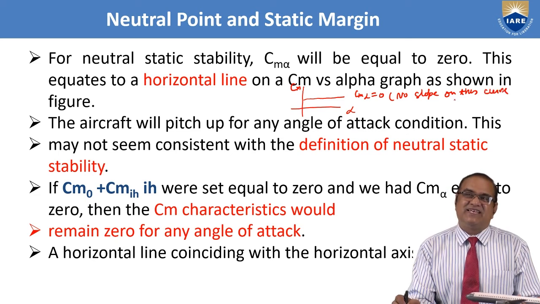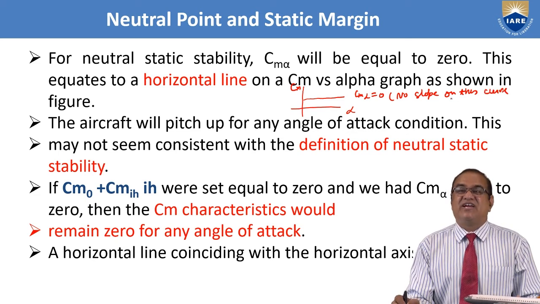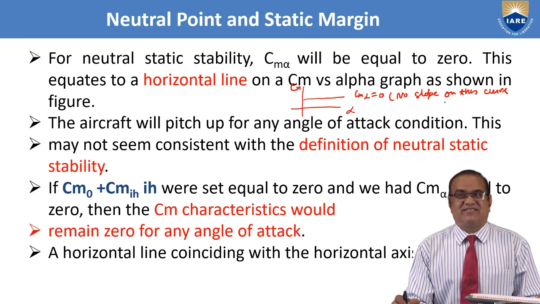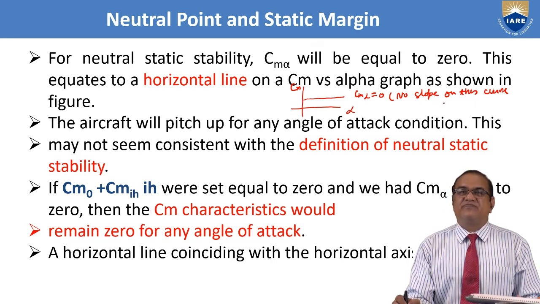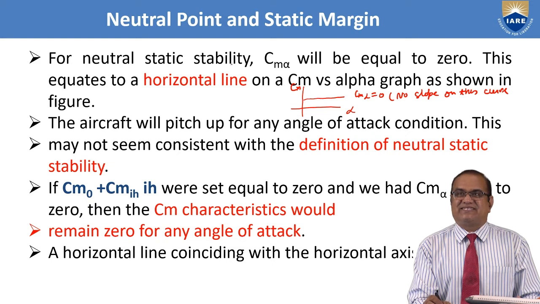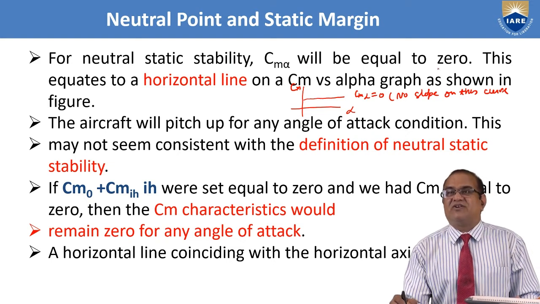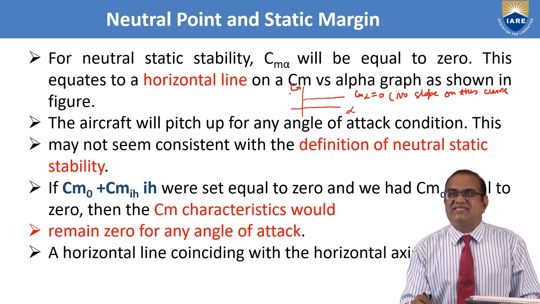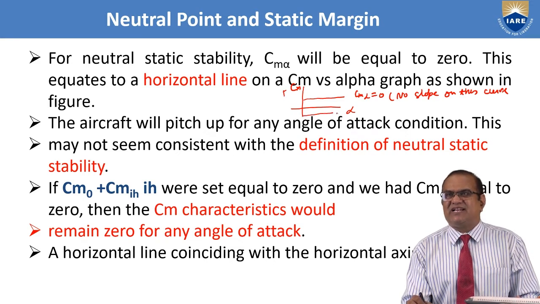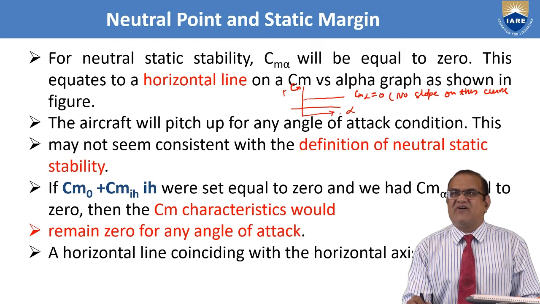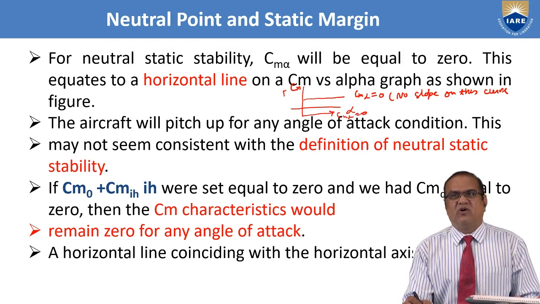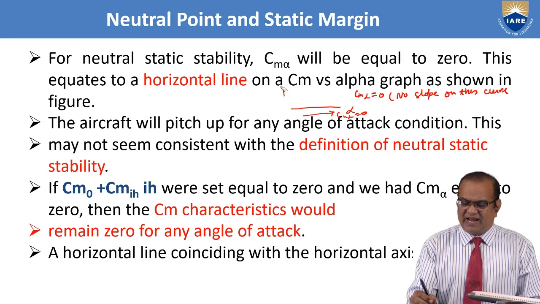If it is like this, we can say that the aircraft is neutrally static stable. So for neutral static stability, Cm alpha will be equal to 0. I have shown here the Cm plus side, and it can be here also. It is not only the plus side, it is the minus side also. It can be Cm alpha equal to 0. Both are correct.